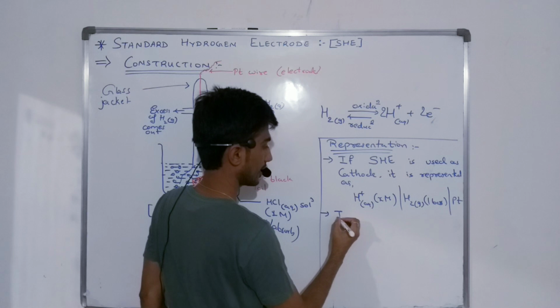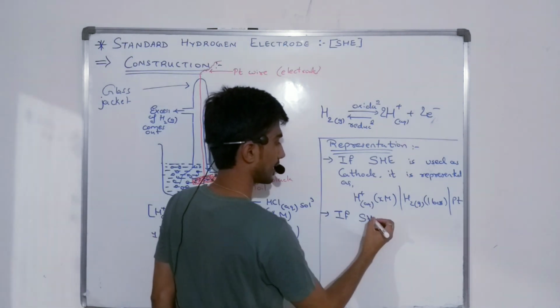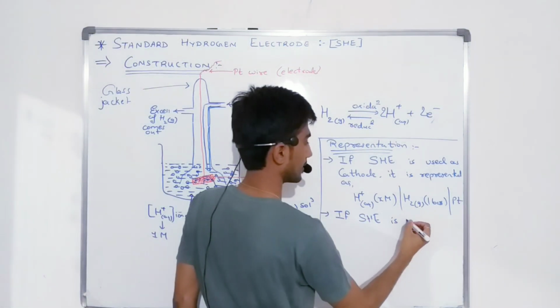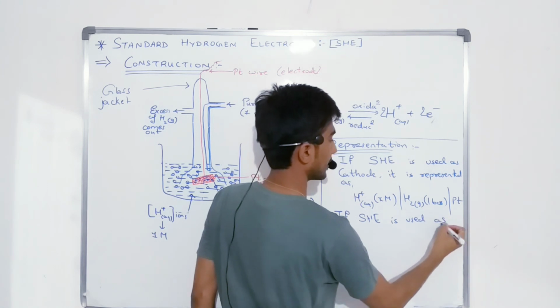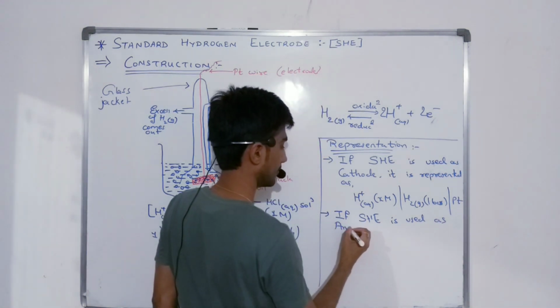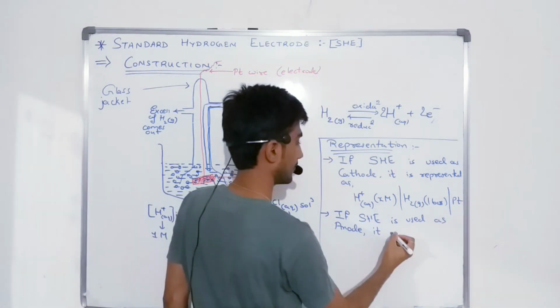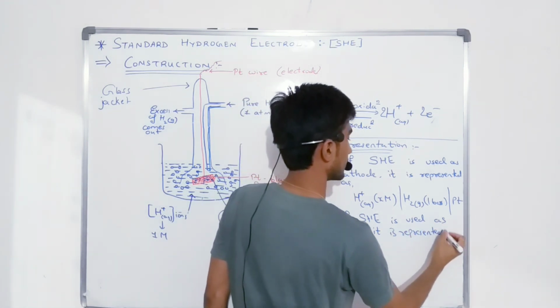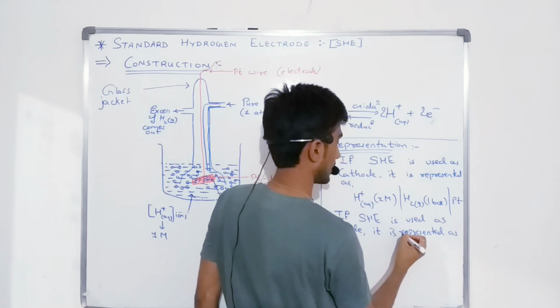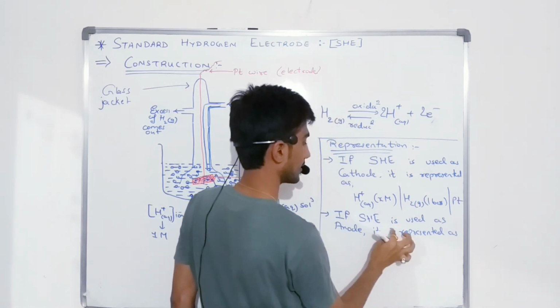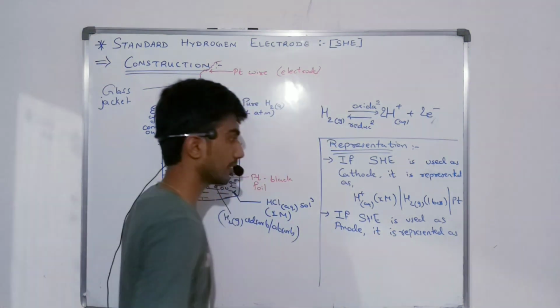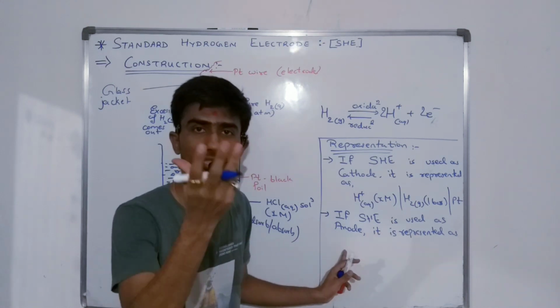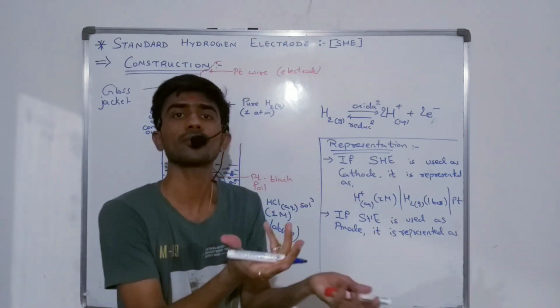Second, if standard hydrogen electrode is used as anode, then it is represented as: on anode what is happening? Oxidation is occurring. That is, oxidation is loss of electron.